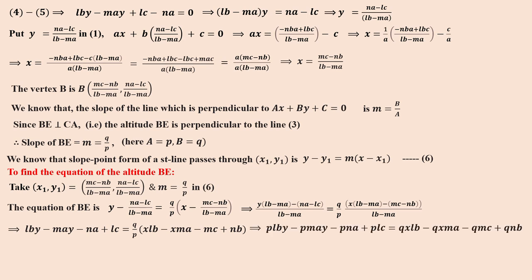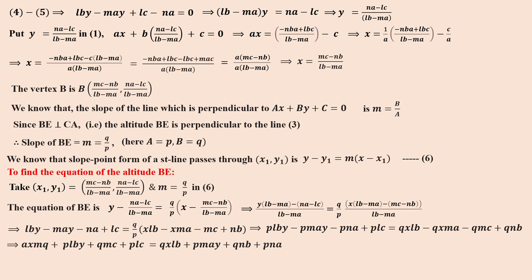Then you just cross multiply the left hand denominator to the right hand side, that is P, so PLBy − PMAy − PNA plus PLC equals QxLB − QxMA − QMC plus QNB.